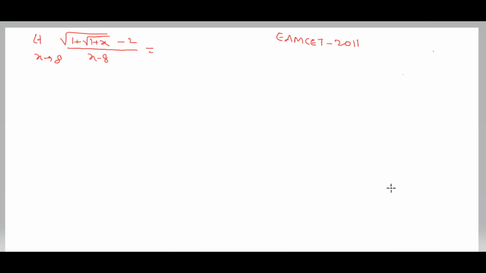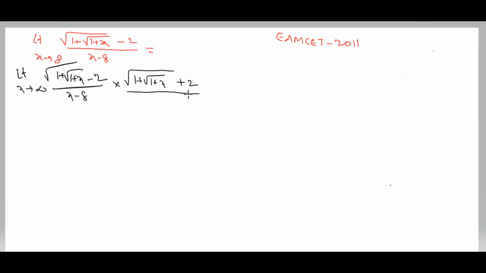Friends, this problem is from MSET 2011. Here is given limit x tends to 8, (square root of 1 plus x minus 2) by (x minus 8). Take rationalization: multiply by (square root of 1 plus x plus 2) by (square root of 1 plus x plus 2).